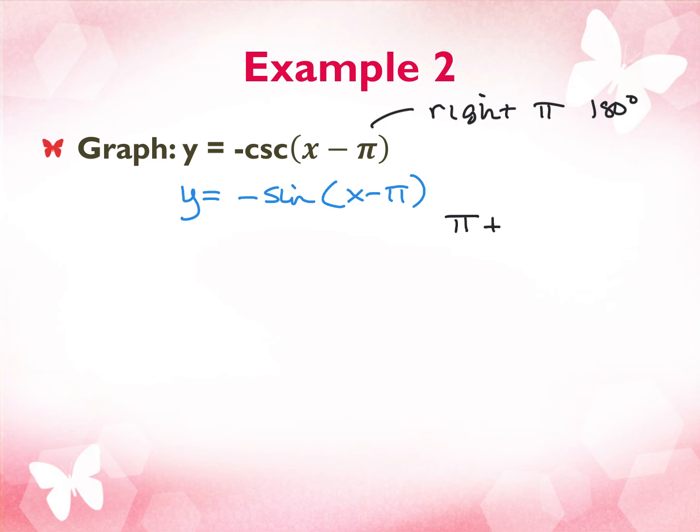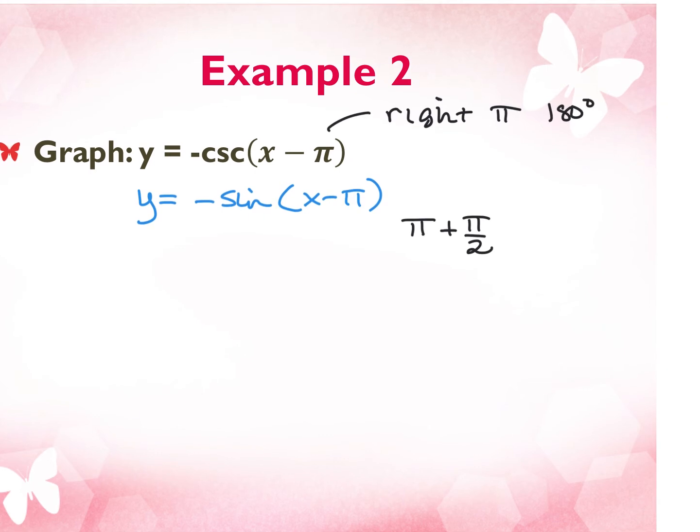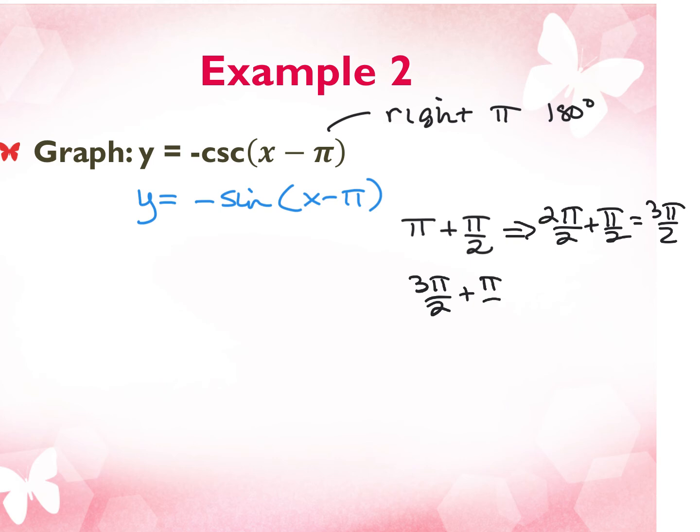So when I add 90 degrees, which is pi over 2, I need to find a common denominator. My common denominator is 2. This becomes 2 pi over 2. I'm going to add them, and I get 3 pi over 2. My next point, take that 3 pi over 2, add pi over 2 again.